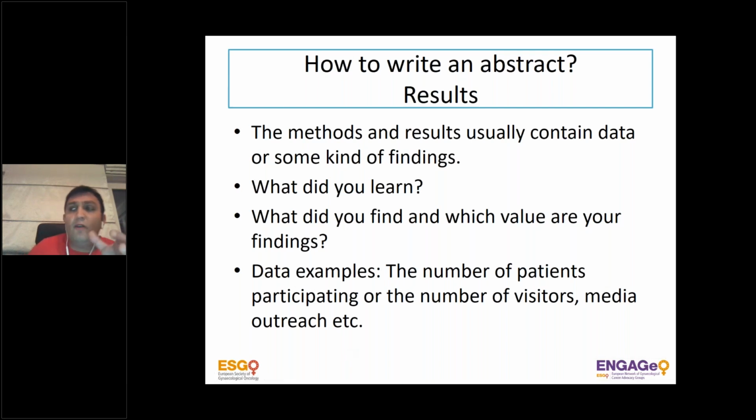You can say that you opened a booth, for example, on ovarian cancer day, and then 1,000 people visited your booth. You used this type of leaflets before the training. This was the level of education, and after the training, the level of education has risen like this. So this is the result of your initiative.